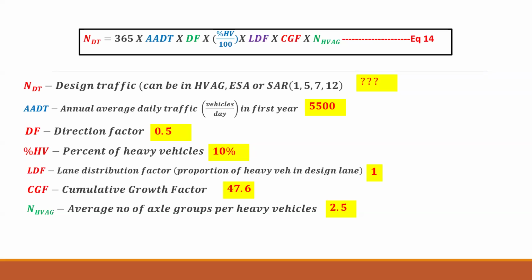You need to write it as 10 to the power something, okay? 1.19 times 10 to the 7. Is that what you get? Do you get the same? This is in heavy vehicle axle groups. The units are heavy vehicle axle groups. So this many heavy vehicle axle groups are there. Does that make sense? Any question? Okay. So that's the first part of the question.